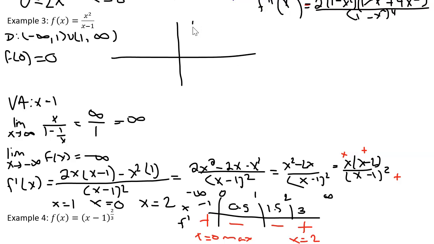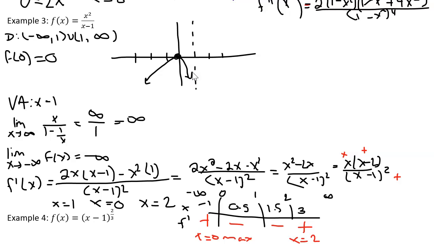I've got an asymptote at 1. I've got 0, 0. I've got a maximum at 0, 0. Oh, that's interesting. So I know that it has to be decreasing this way, and I also know it's actually got to decrease that way too.